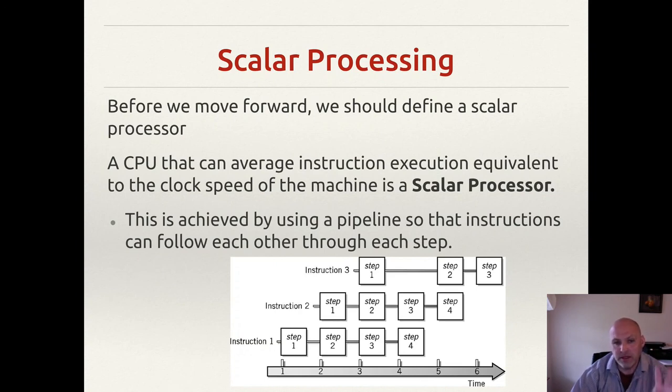Because we have a pipeline and because we can keep all the hardware busy working on a different part of the process, just like an assembly line, that keeps everything moving, and it keeps us going forward, and we can hopefully get to the part where there's one kind of car, so to speak, popping out of the pipeline at every clock cycle, right? There might be 30 cars in the pipeline, but one gets completed at each step. That's basically the idea behind a scalar processor.